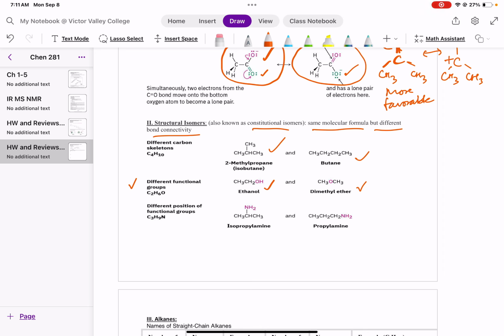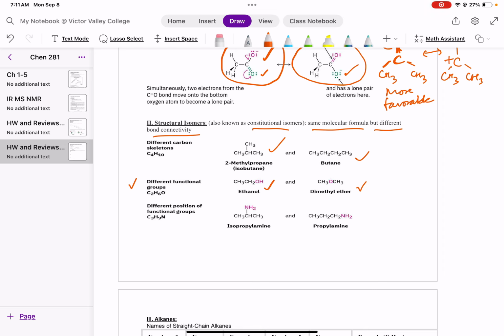So if someone says draw the alcohol isomers, then we know we have to have OH, and the rest will be CH3 and CH2. But if someone asks us to draw the ether isomers, then we know oxygen's got to be in the center. It doesn't have to be the same on both sides, but it has to be carbon on both sides. In this case, we split it up into 2 methyls on both sides.